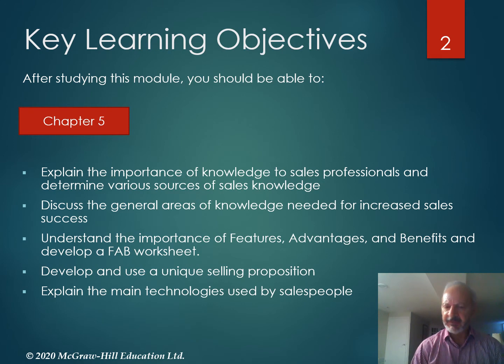worksheet together, we need to fully understand what the customer needs. Because if we don't understand what the customer needs, then we don't really understand what they see as a benefit. And if we don't understand what they see as a benefit, then we don't understand what features to position and what advantages to position with those features.